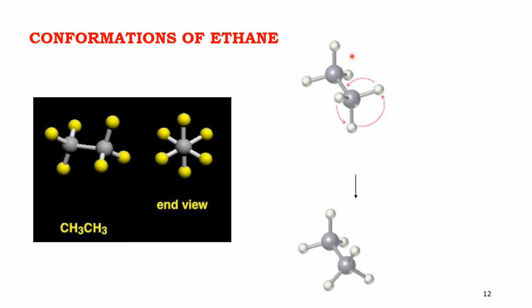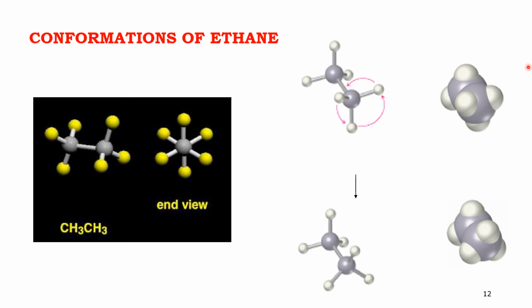These arrangements are conformations, or conformational isomerism. And among these, two extreme conformers are there for the ethane molecule.